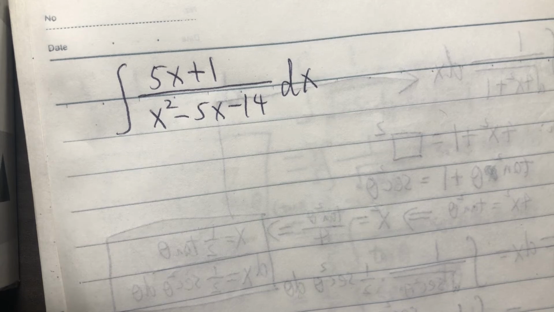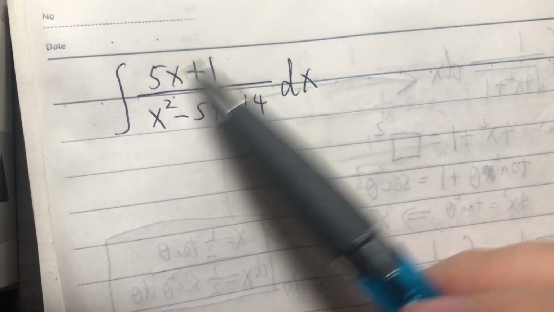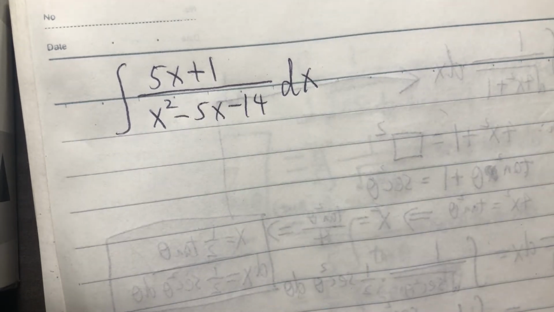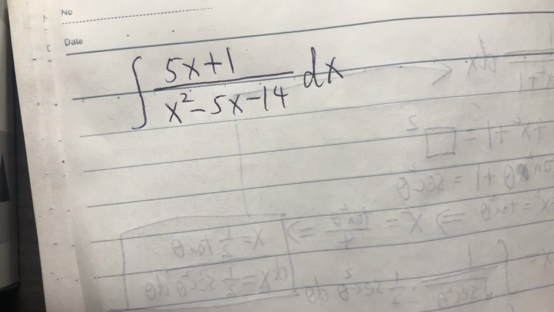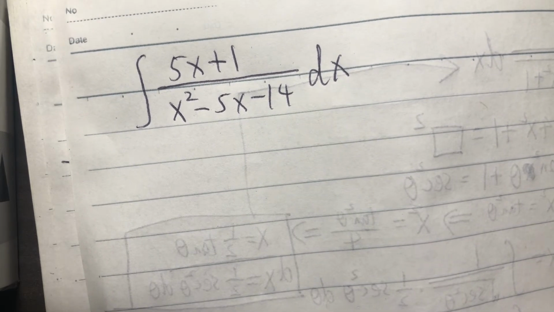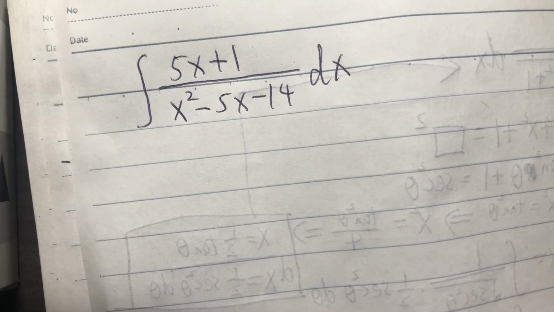This is a fractional function, and both numerator and denominator are polynomials. With partial fractions, we want to rewrite this function as the sum of some simpler fractional functions.